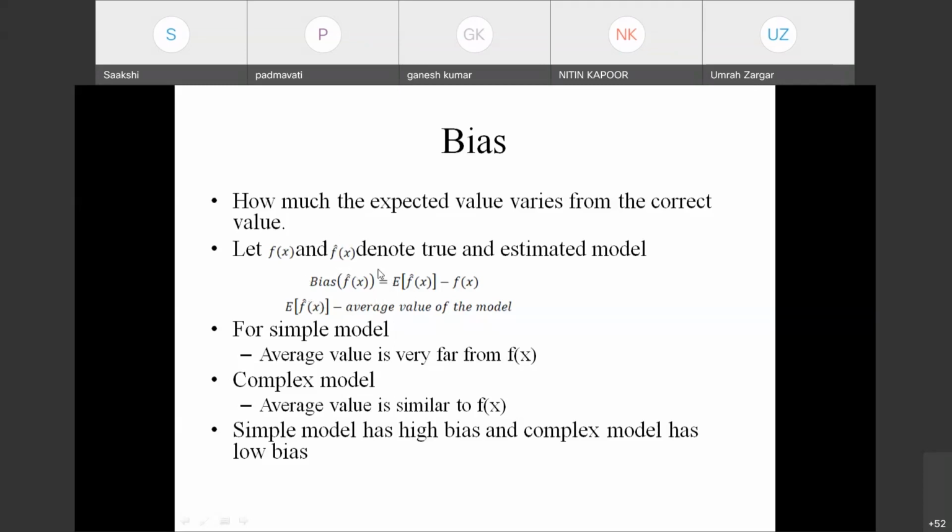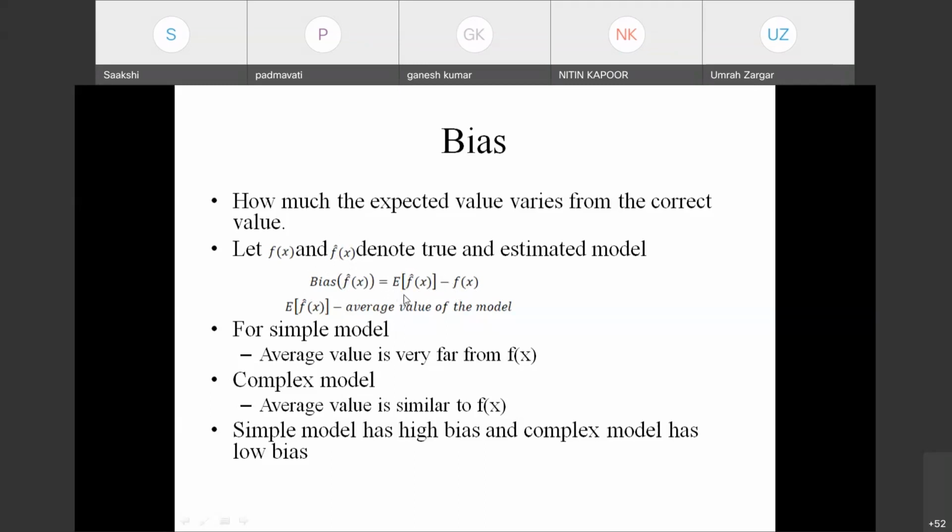So I have my true as well as my predicted or estimated model, and I need to compute the bias. Bias for the estimated value can be computed with the help of the average of the expected f hat of x minus f of x. Getting it?